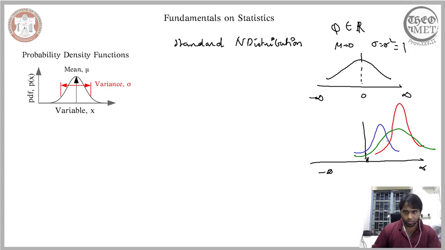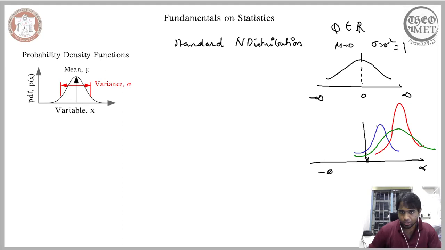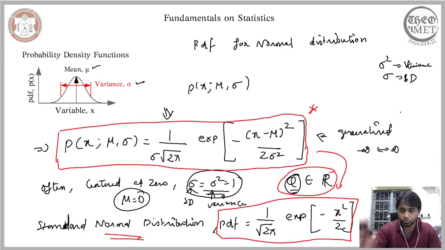All the functions associated with these three, that is green, blue and red, can be expressed by this equation here. We have considered three different normal distributions, and the PDF associated with all three can be expressed in this way.